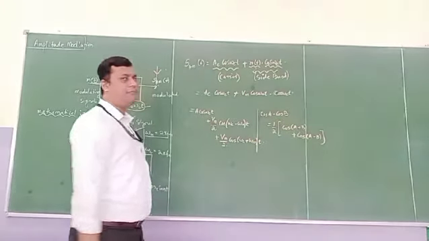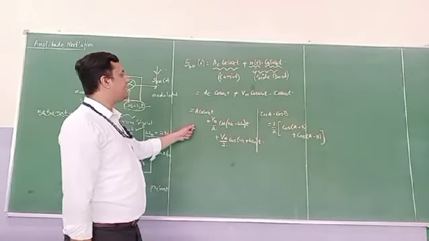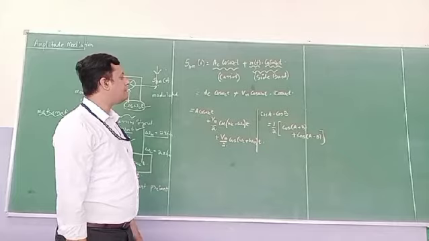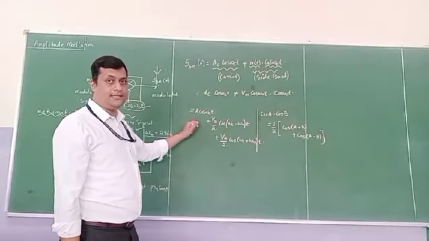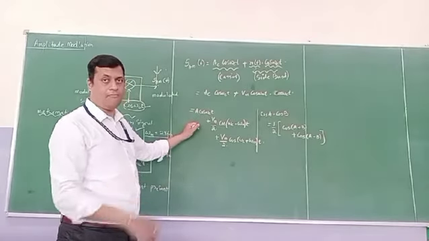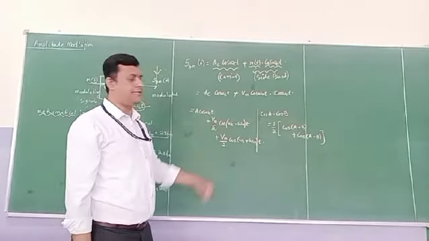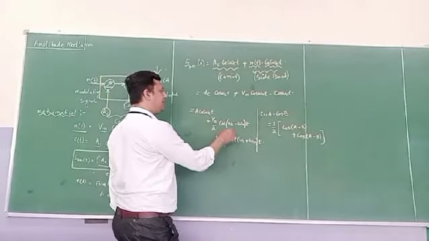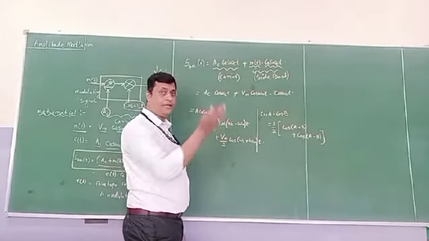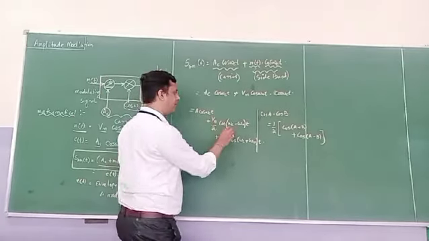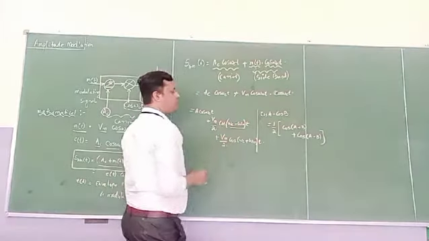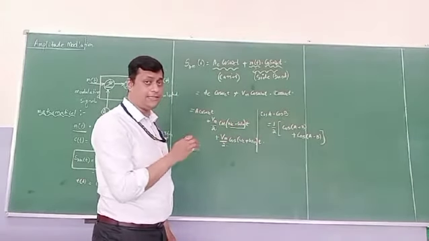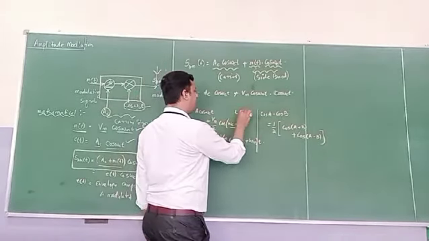Now this indicates that the representation is done with respect to the carrier component, and two sidebands are available. I will show the two sidebands while representing in the frequency domain. ωc minus ωm is the LSB component.